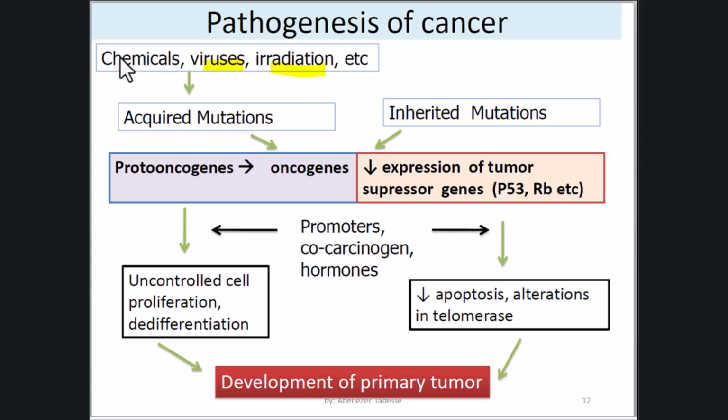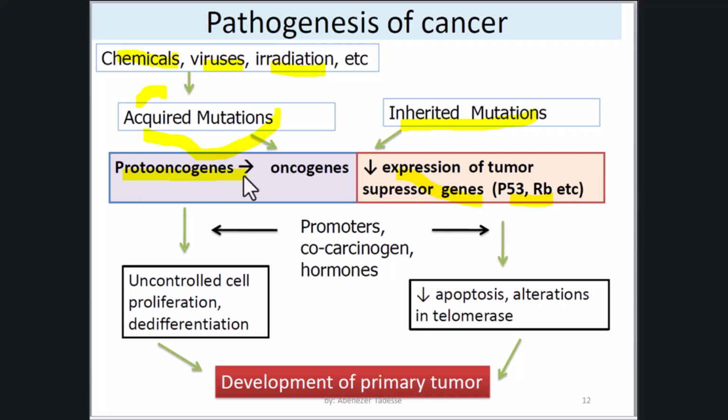Chemicals like benzene exposure can result in acquired mutations, as we have already discussed, and inherited mutations, like deletion of tumor suppressor genes, and DNA repair gene alterations, can result in the development of cancer. So a combination of these factors, the acquired mutation with the inherited mutation, can lead to progression to cancer.